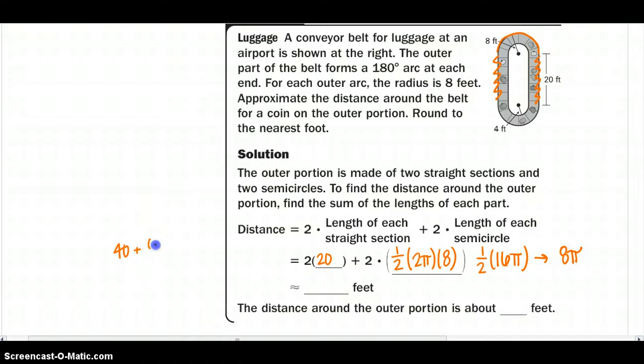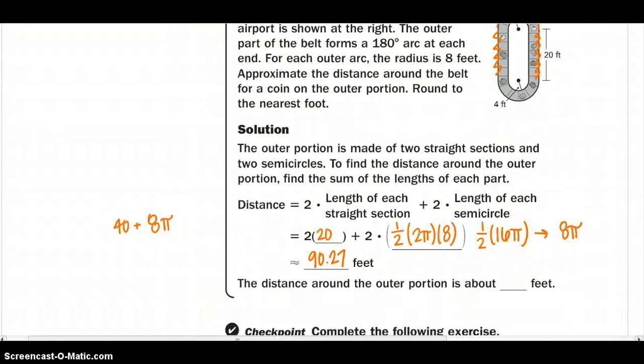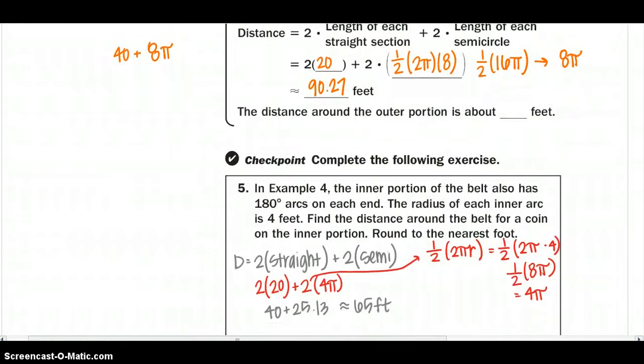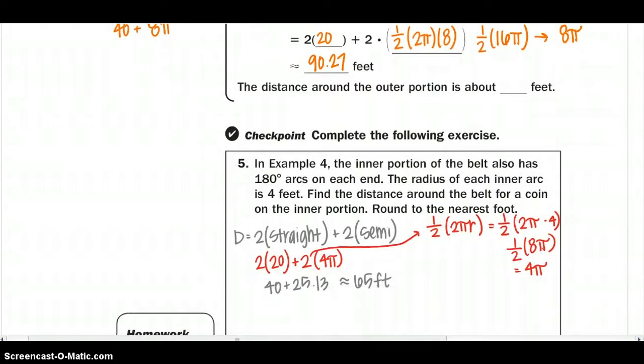So we're going to put 40 plus 8 pi to give us approximately 90.27 feet. You can go ahead and do number 5 to check out that same equation.